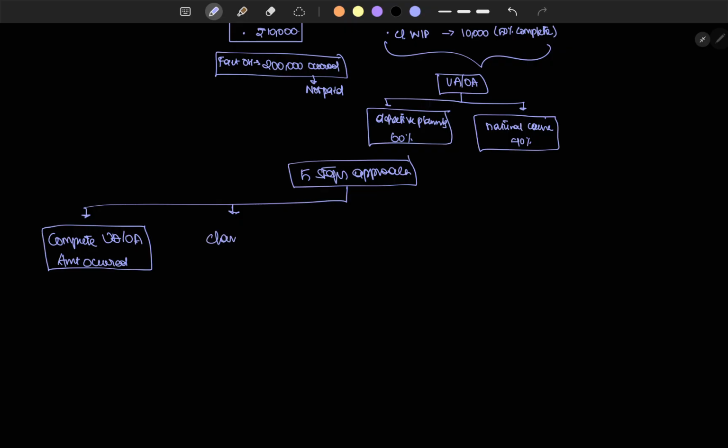Next, we have to classify the under absorption or over absorption based on the defective planning and the natural cause. The third one is calculation of the supplementary rate.